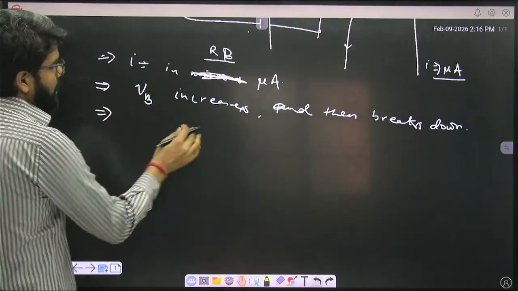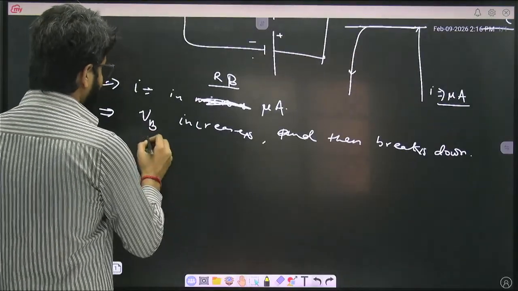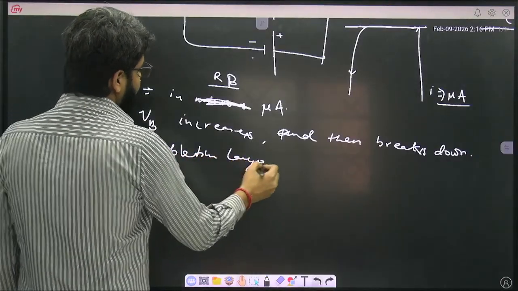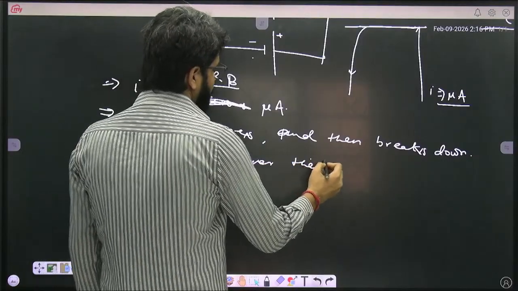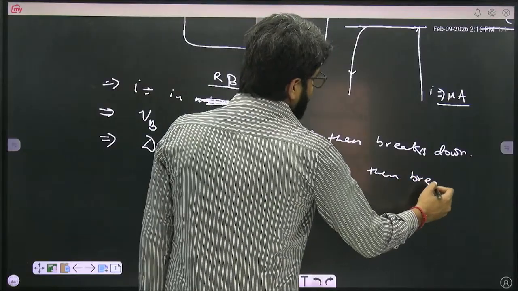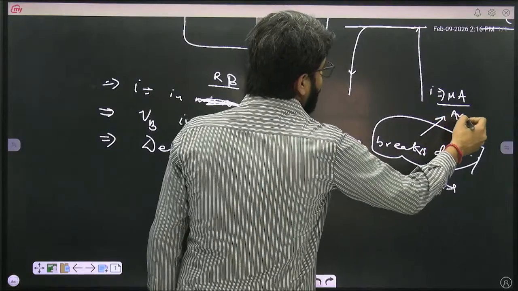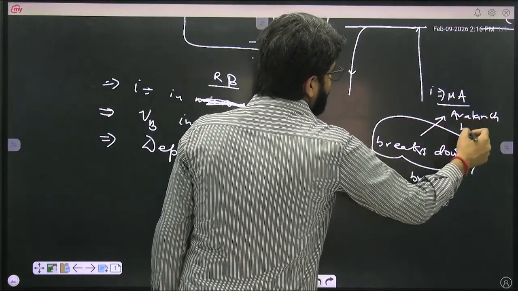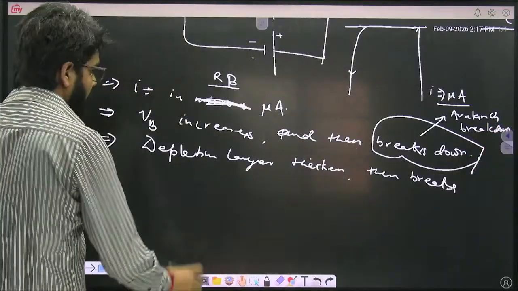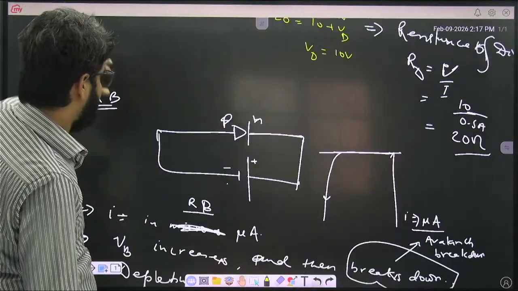The third is the depletion layer thickens and then breaks. This stage, the second stage, is called the avalanche breakdown. Okay, good.